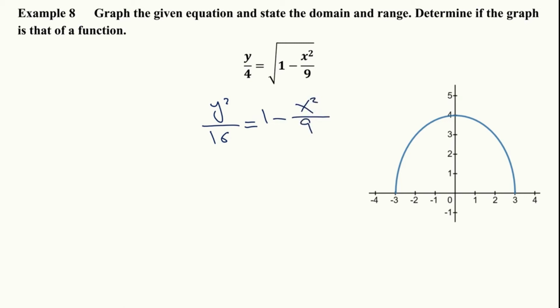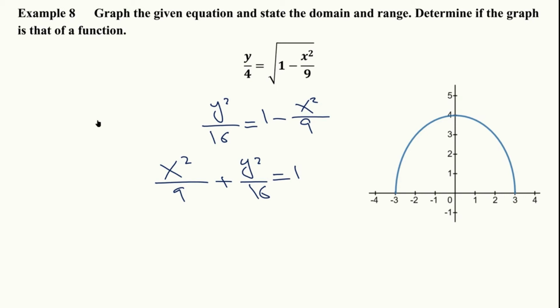Move the negative x squared over 9 to the other side, so we get x squared over 9 plus y squared over 16 is equal to 1. So we know how to graph the ellipse, right? It's easy. And all we have to do is just not graph the bottom.